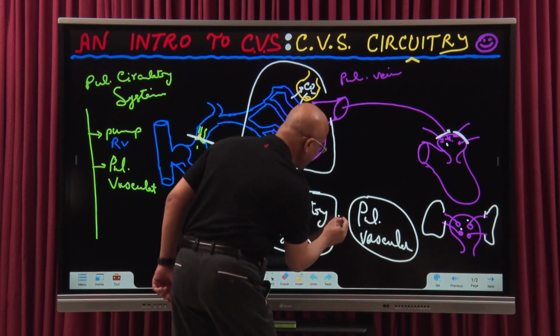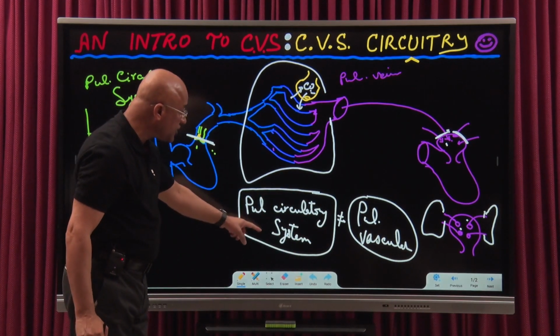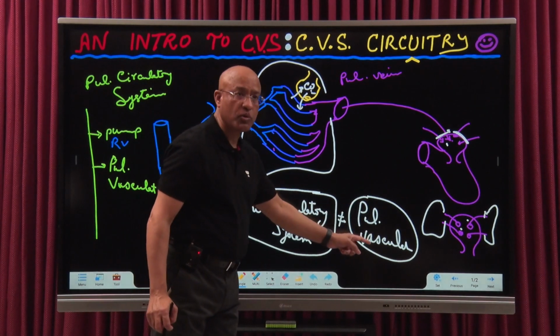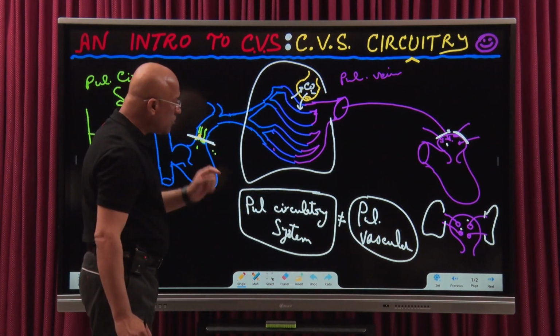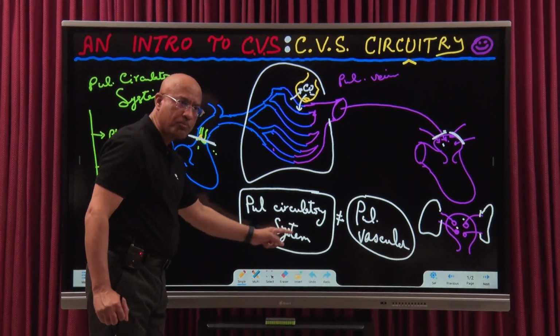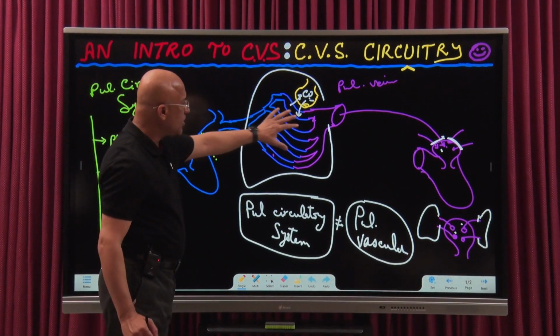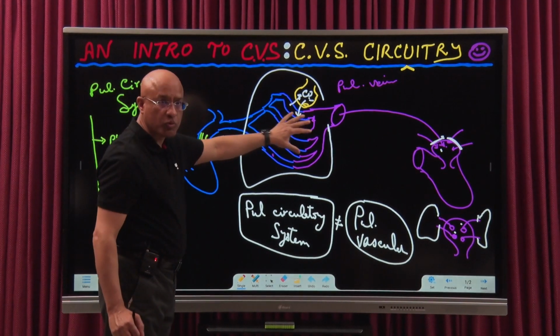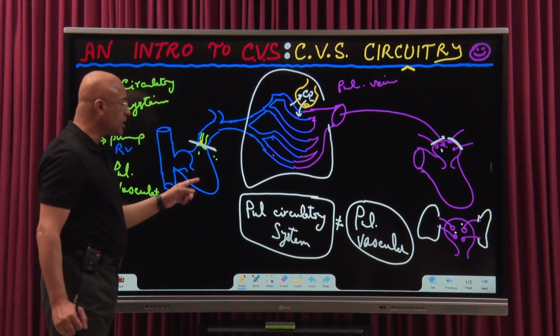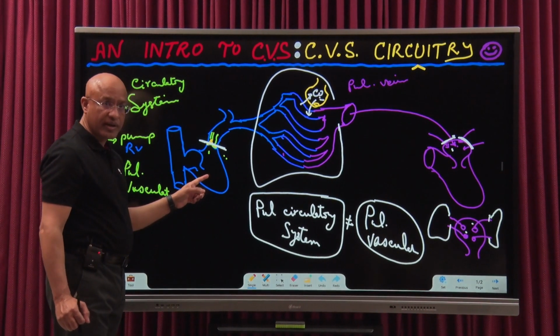Now, what is the real difference between them? What is the difference between pulmonary circulatory system and pulmonary vasculature? Actually, when we talk about pulmonary circulation or the pulmonary circulatory system, we should include, number 1, what is here? All vasculature and the major pump, right? That is right ventricle.